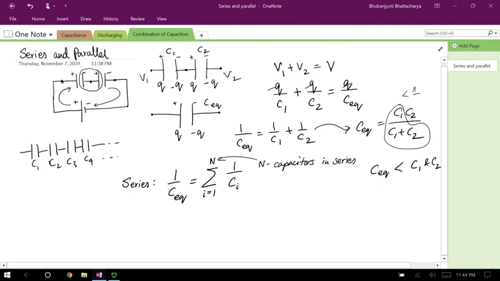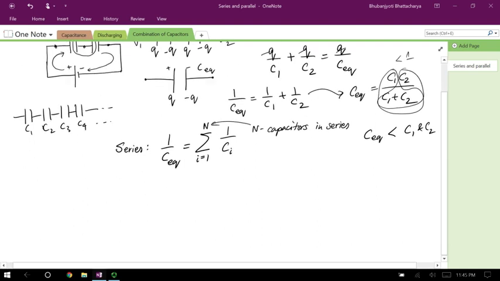But similarly, when I take C1 C2 divided by C1 plus C2, it is also less than 1, which means C equivalent is less than C1. So you can independently see that C equivalent is less than C1 and C2, which means that if you put two capacitors in series, then the equivalent capacitance is lower than the least of the two capacitances. And this will be true in the case when you have a series combination of more than two capacitances as well. The equivalent capacitance is going to be less than the lowest of those capacitances.